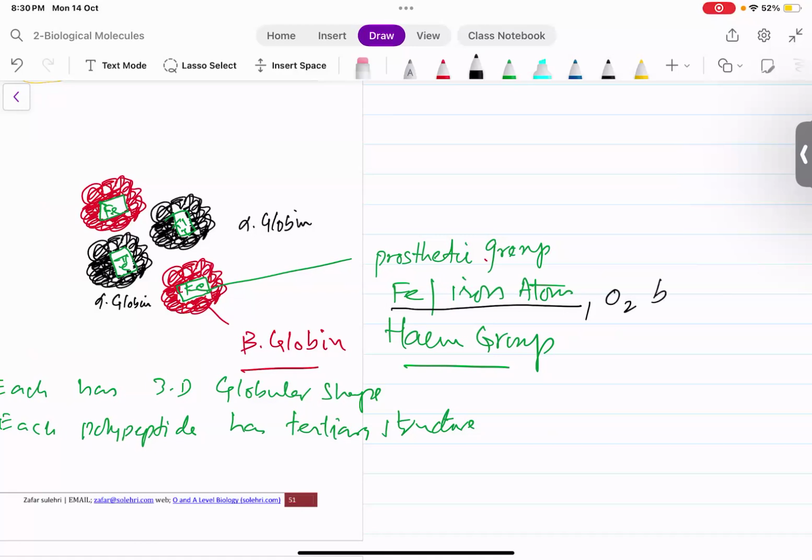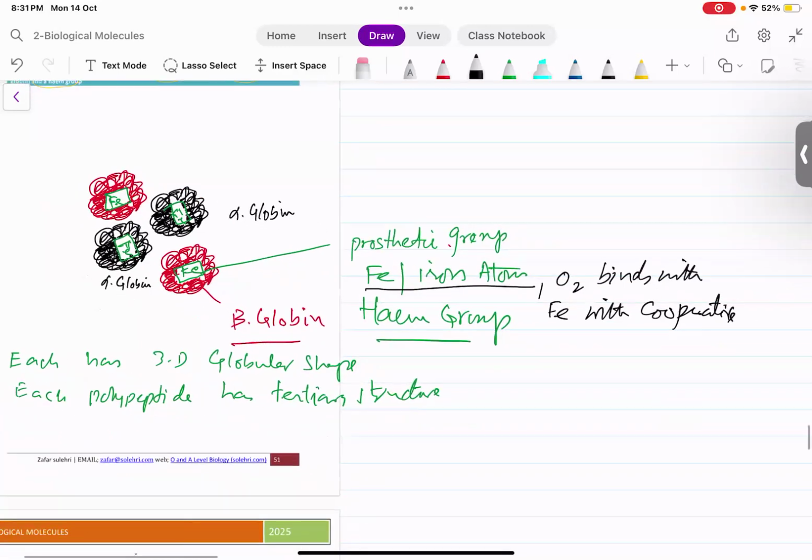So O2 binds with Fe with cooperative bonding. We don't need to know the details of cooperative dative bonding. Okay. So this binds with it.